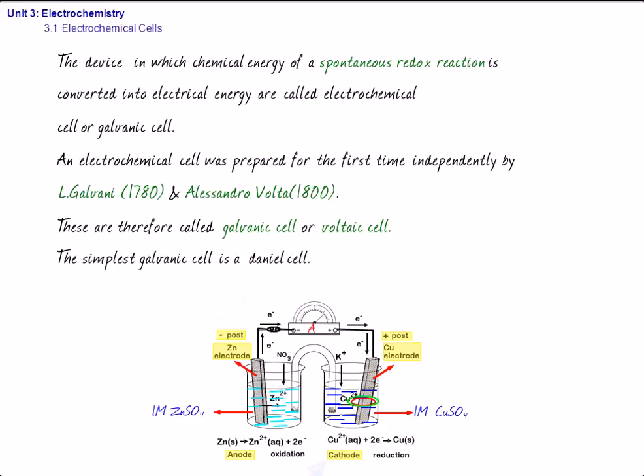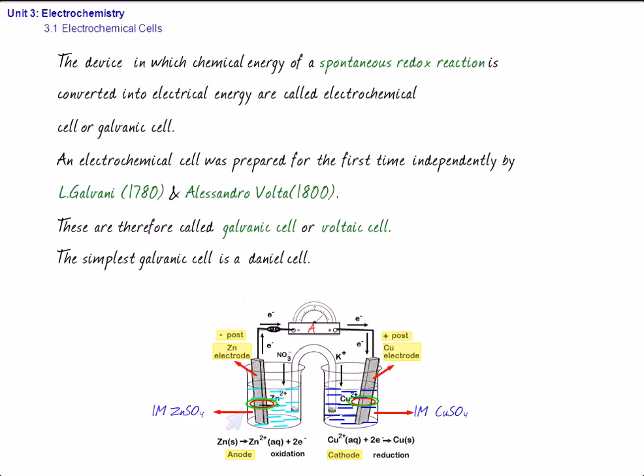This definition is valid both in an electrochemical cell as well as an electrolytic cell. So remember, anode is not identified as negative. Anode is the electrode where oxidation takes place, and cathode is the electrode where reduction takes place. Now why it is negative, that is altogether a separate issue, because this electrode is rich in electrons. Electrons are accumulated on this electrode, that is why it is taken as negative.